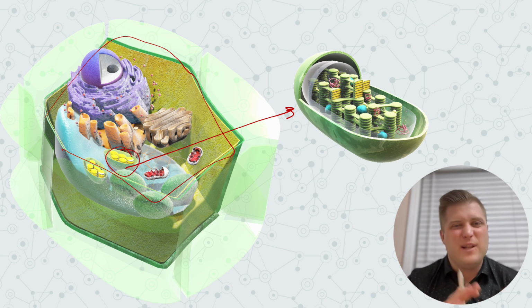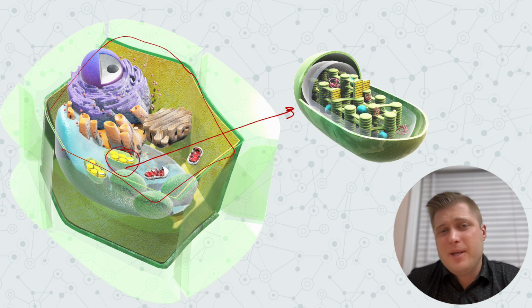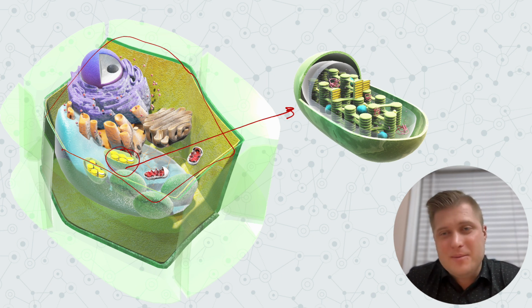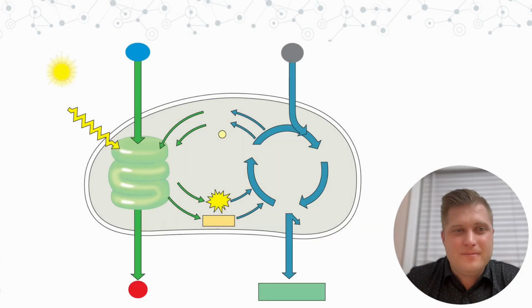I'm going to switch to a flat diagram on the next slide, and we're going to take a look at what's happening inside those chloroplasts. What's happening to take different materials into the cell and what comes out. This is where we're going to spend most of our time because this is where most of our terms show up.